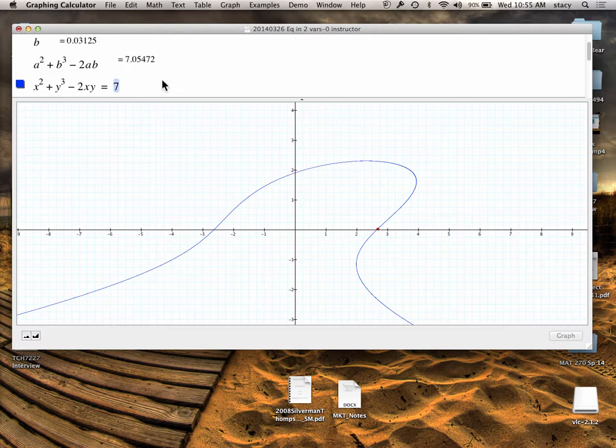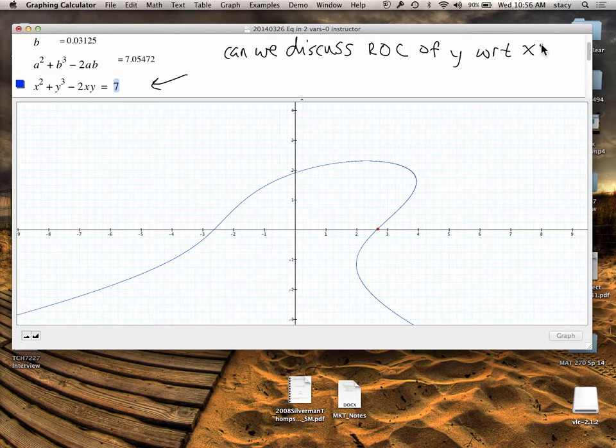for this relationship? So what was rate of change again? When I want to talk about rate of change of y with respect to x?